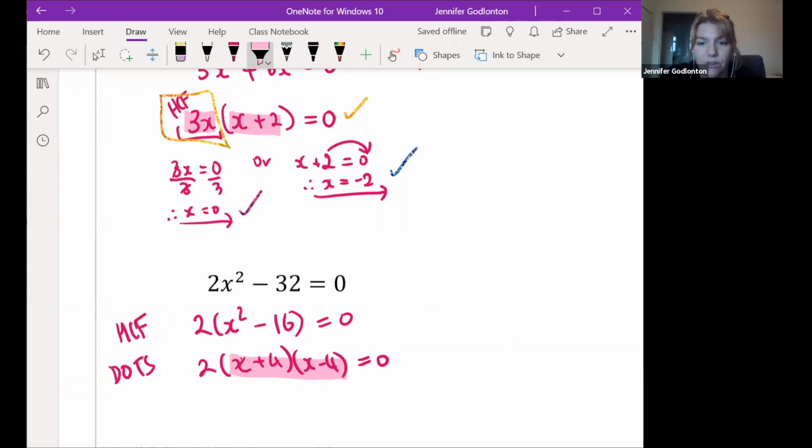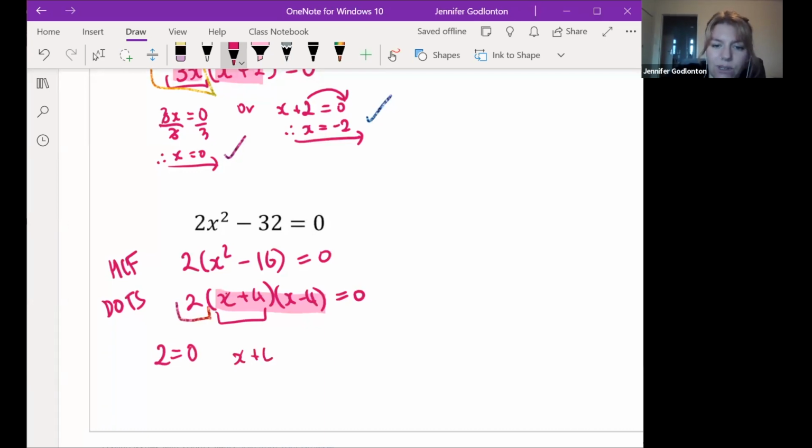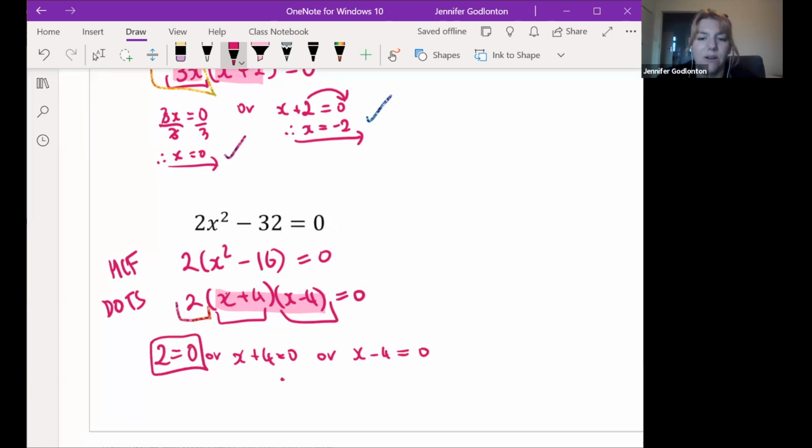Trap number 2 happens over here, where they look at this 2 over here and say that 2 is equal to 0, and then x plus 4 is equal to 0, or x minus 4 is equal to 0. Now, as soon as you write this, you won't get any of these marks because it's mathematically unsound.